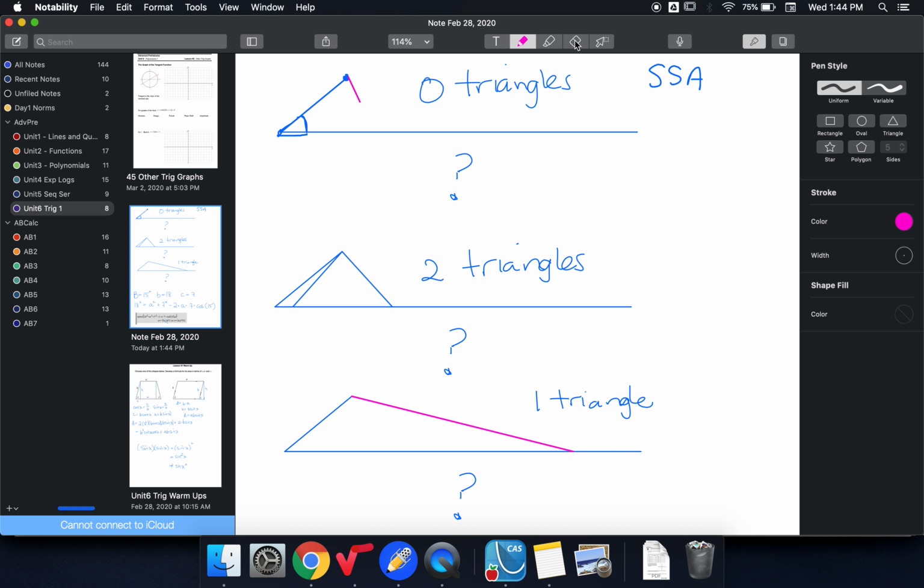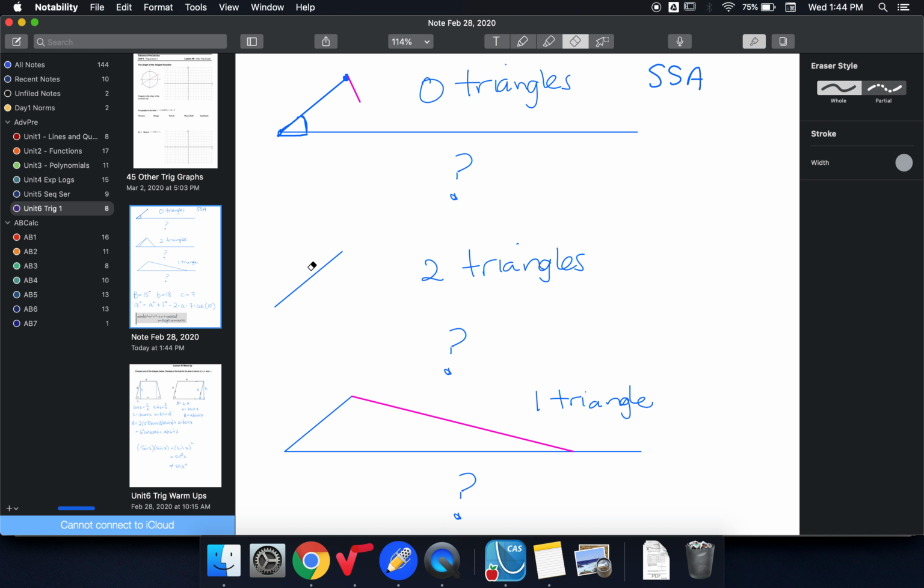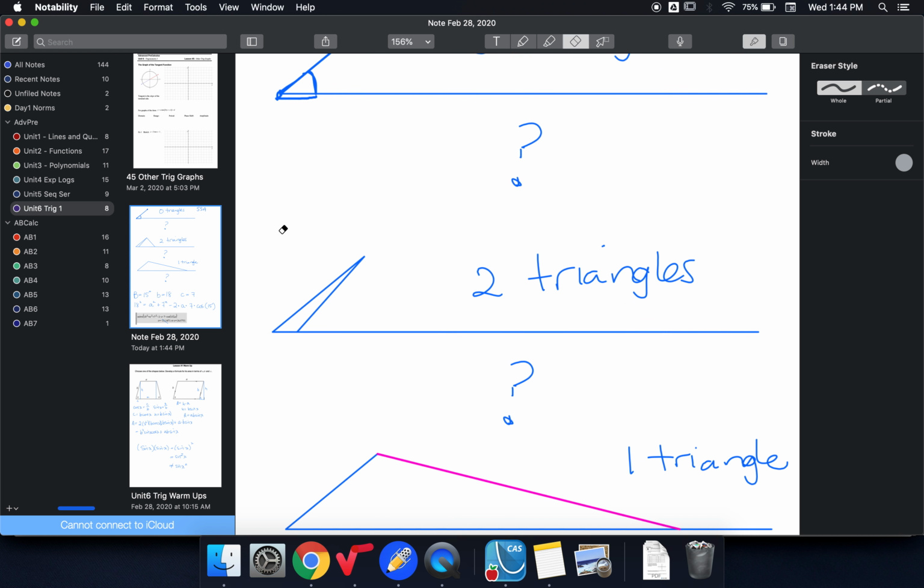Now, there are going to be some times that this side is the perfect length, and so it can touch here, but it could also have swung out over here.